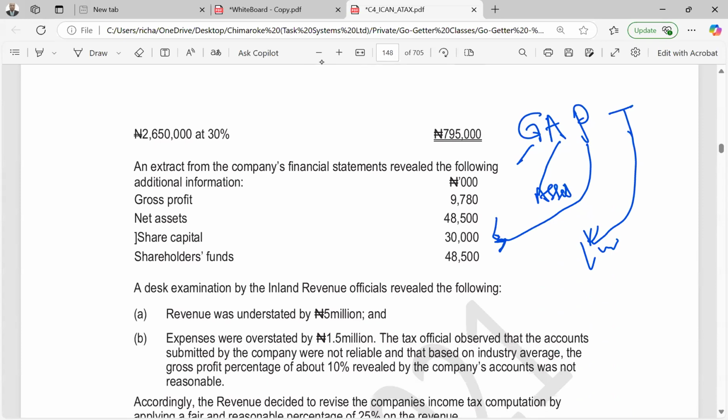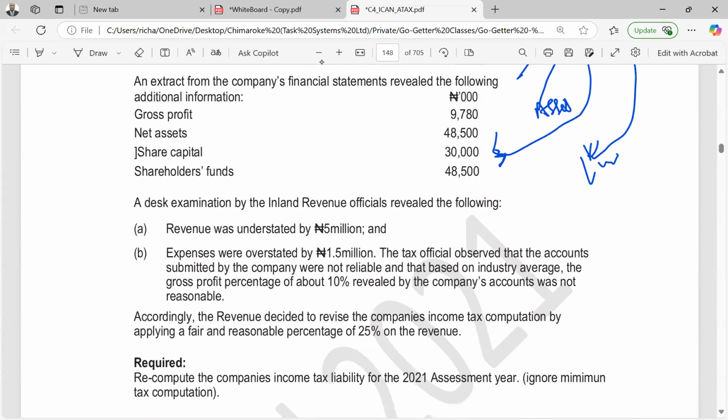The tax official observed that the accounts submitted by the company were not reliable and that based on industry average, the gross profit percentage of 10% reviewed by the company's account was not reasonable. Accordingly, the revenue decided to revise the company's income account computation by applying a fair and reasonable percentage of 25% on the revenue.